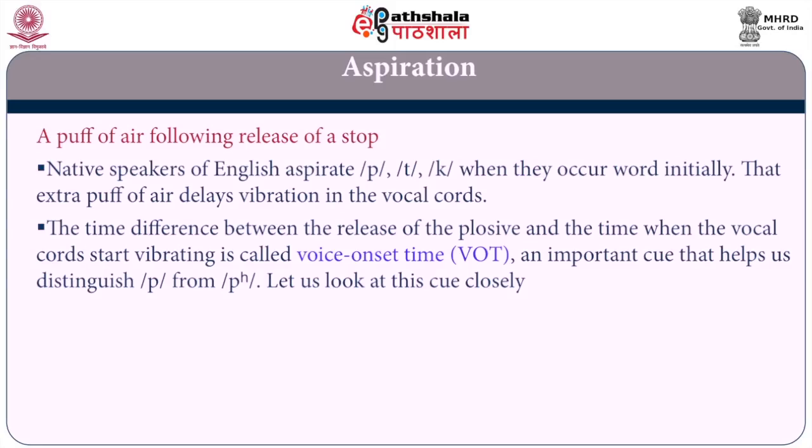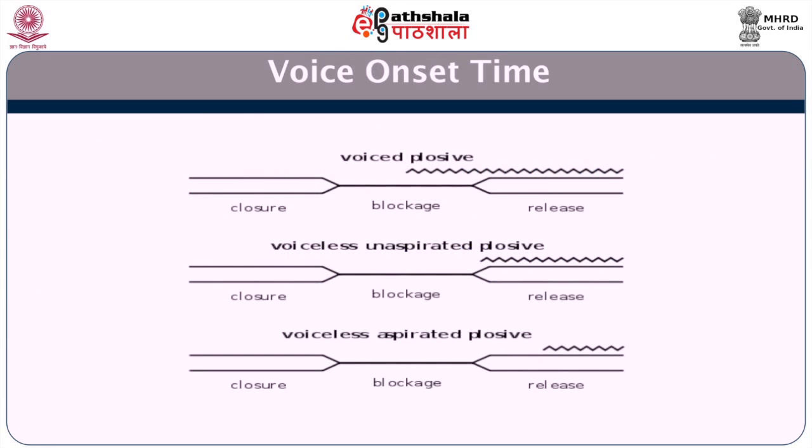So it can be measured in milliseconds, and the voice onset time differences that distinguish voiceless plosives from voiced plosives differ from language to language. They are not fixed. In the next diagram, the topmost one, for instance, shows a closure phase.